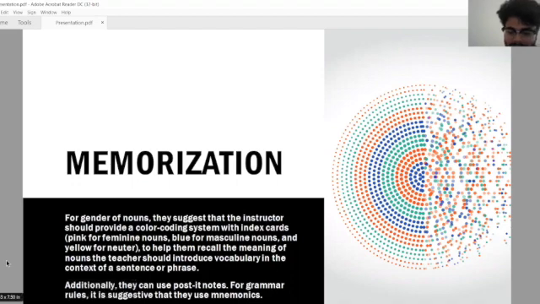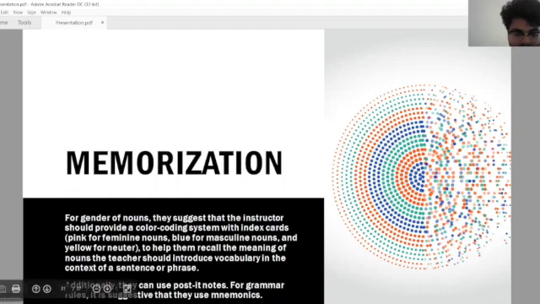They could be pink for feminine nouns, blue for masculine nouns, and yellow for neuter nouns. Just suggestions. In order to help them recall the meaning of nouns, the teacher should also introduce the vocabulary in a specific context, and additionally, they can use post-it notes. And for grammar rules, it is suggested that they use mnemonics.